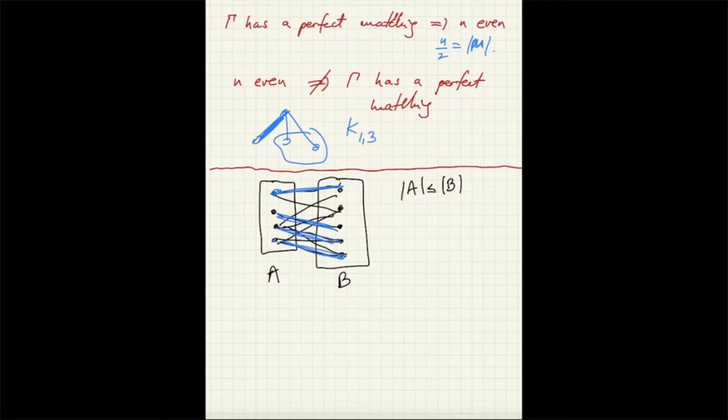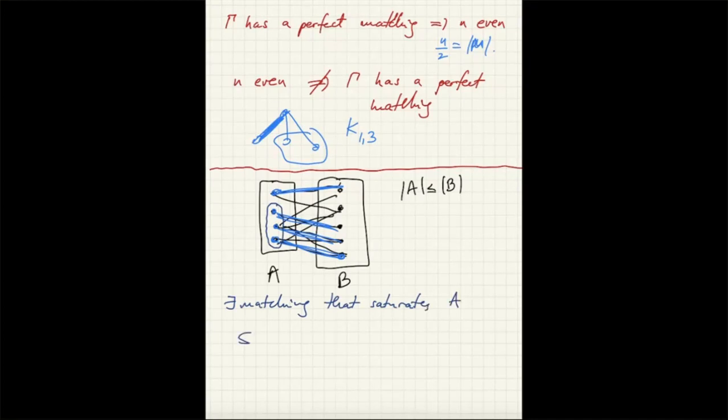Okay, not a perfect matching, a matching that saturates A. So let's assume that there is a matching that saturates A. What can we deduce from that?